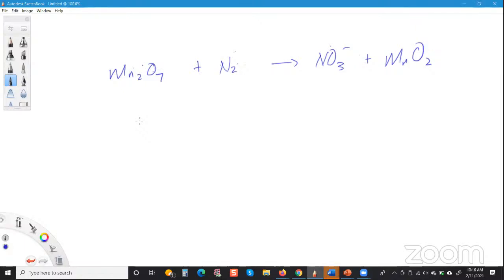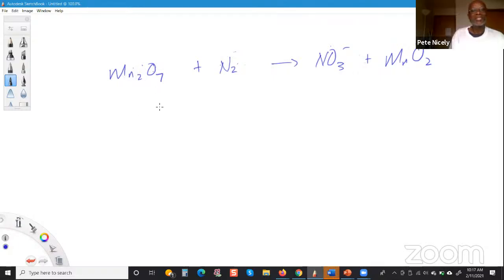We need to add some H2O to the right side. Nope, you're jumping several steps ahead. We need to make the Mn go into the product of the other Mn, as we have the N go into the product of the other N.